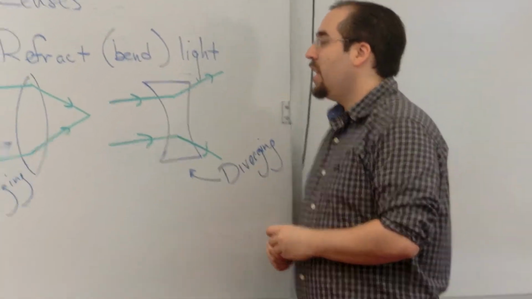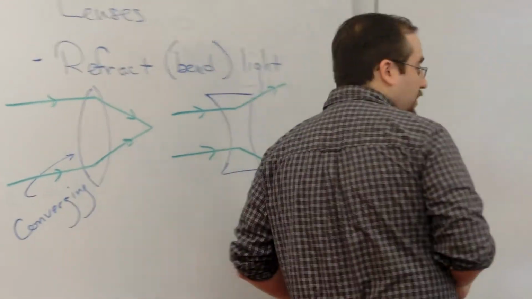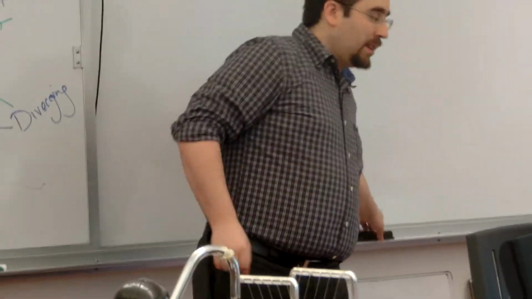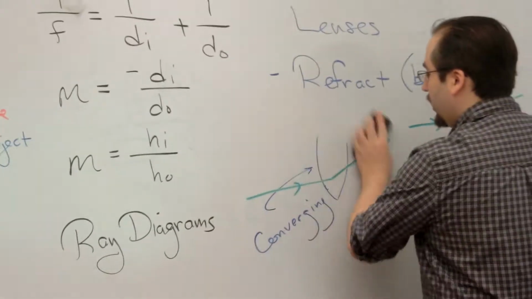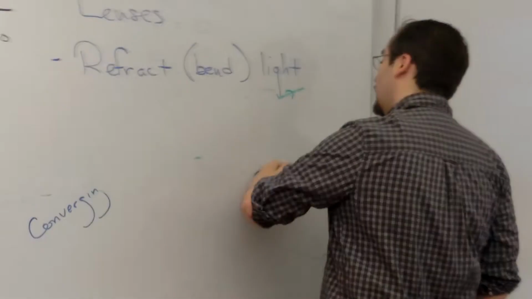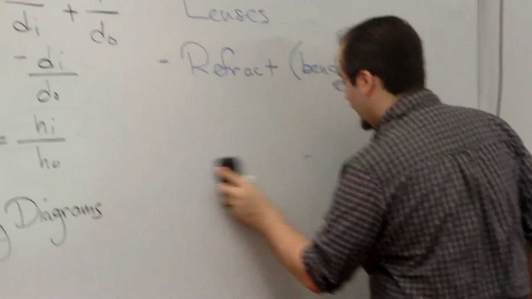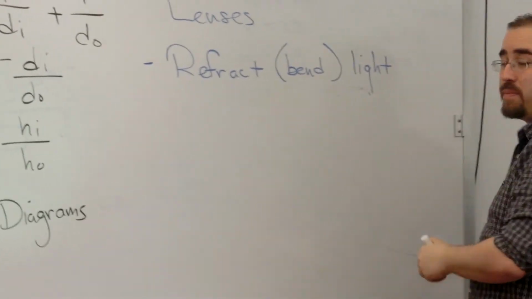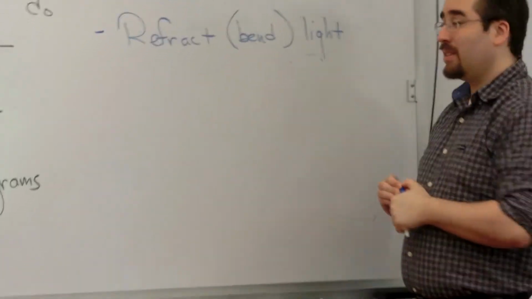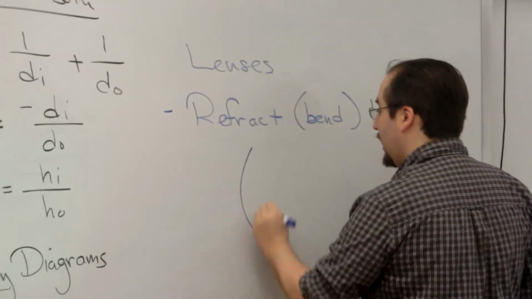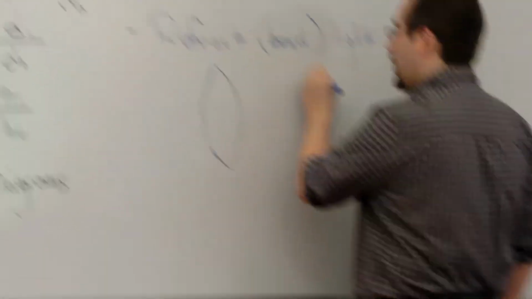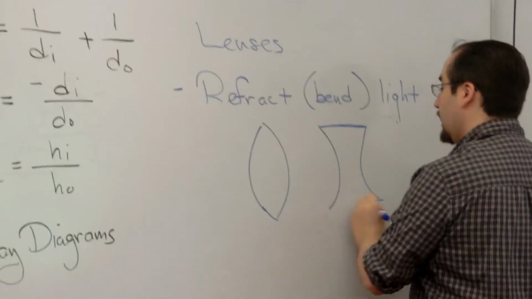Now, here's one thing that could be very interesting. What if I had multiple lenses? Or, for that matter, multiple mirrors. So what if I had a converging lens, and then a diverging lens?